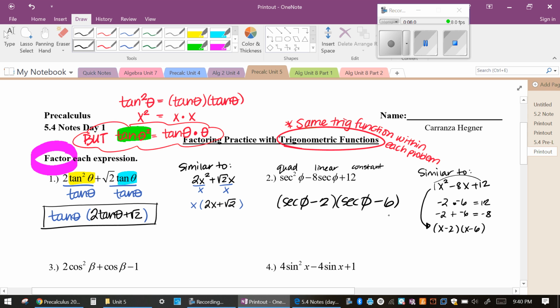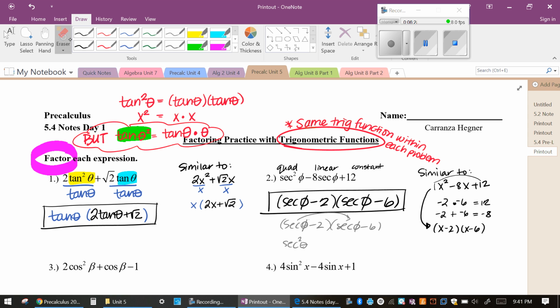Now, this is the factored form of that quadratic trinomial. You are more than welcome to distribute those to prove to yourself that it really does, in fact, work. So secant of phi times secant of phi gives you secant squared, and look, I'm already changing it to theta.